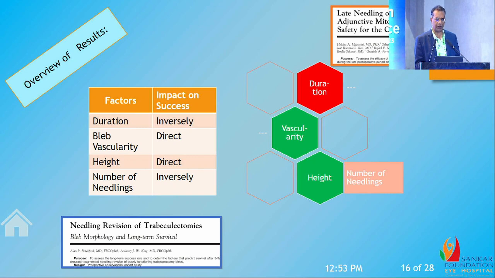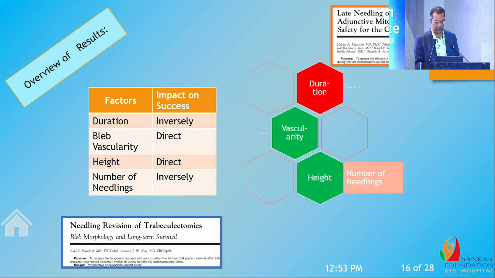The factors that are important to consider are the duration. If it is long duration, meaning the trab was done sometime in the long distant past, the inverse effect is there, so chances of success will be less. But definitely, yes, success chances are there and it has to be considered.